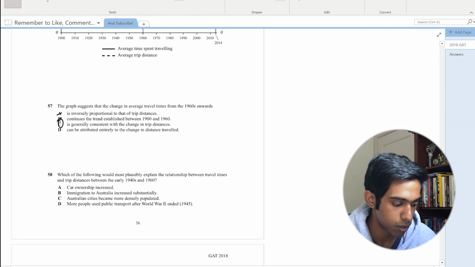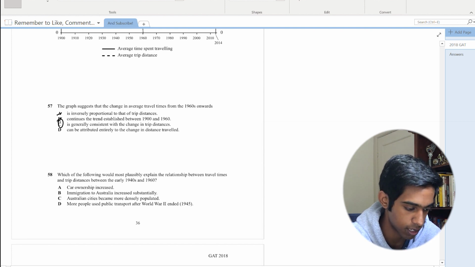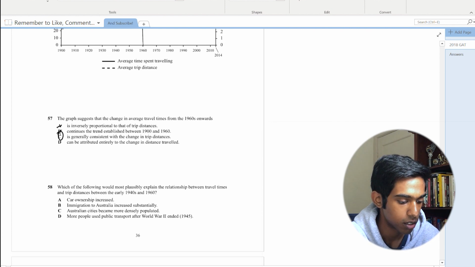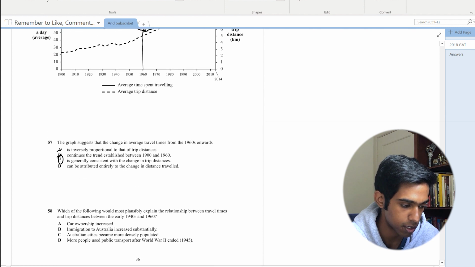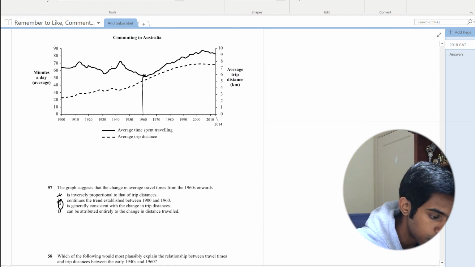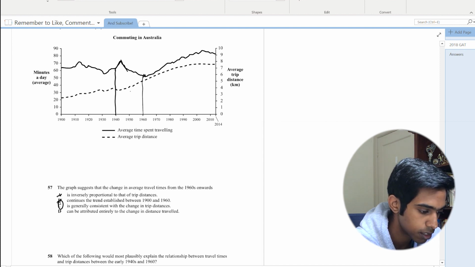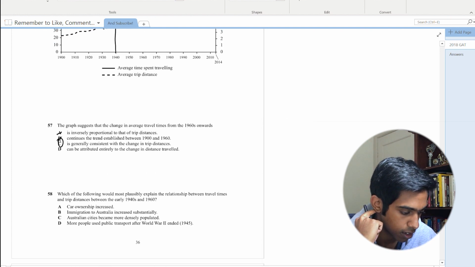Which of the following would most plausibly explain the relationship between travel times and trip distances between the 1940s and 1960s. Okay. The relationship between travel times and trip distances. So we're going from 1940. Travel times increased, but trip distances went down. So that's slightly down.